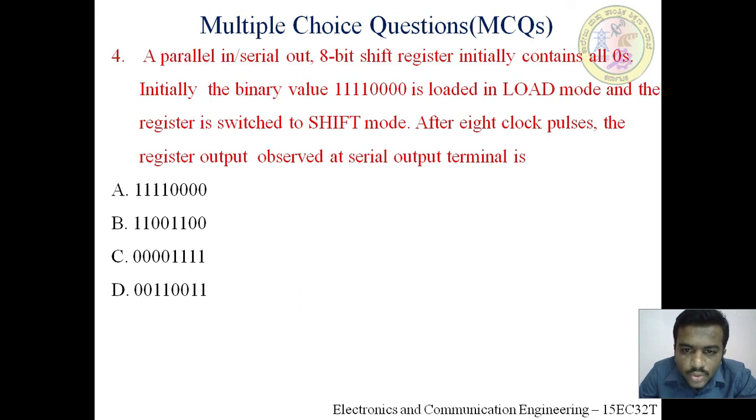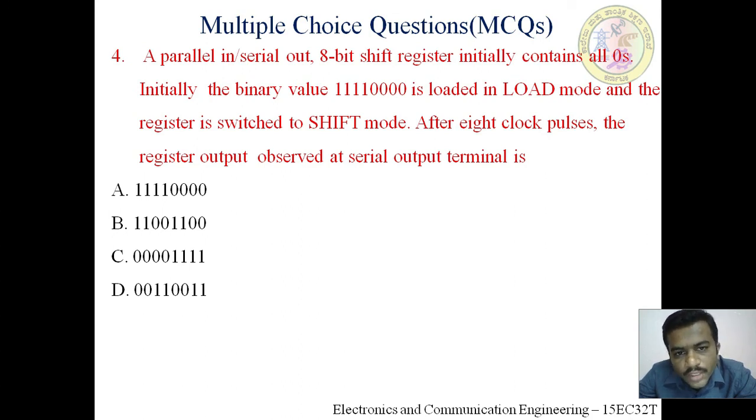After the first clock pulse, the LSB of the data loaded in parallel, that is binary 0, will be shifted out of the shift register. After the second clock pulse, the next LSB, that is binary 0, will be shifted out. In this way, after the fourth clock pulse, the 4 LSB zeros will be shifted out of the shift register. And after the next 4 clock pulses, the 4 ones will be shifted out.